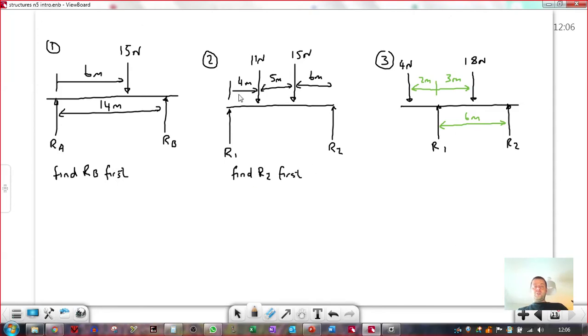Now, this one's slightly different because of the way I've laid the distances out, you'll need to be careful when you do that moments part that it's always a distance to the fulcrum. Don't just use 4, 5 and 6 because you'll need to add things up to get it right. And in this one, I'm going to say find R1 first, forcing you to recalculate all your distances. Now go ahead and do that, and we'll see how you get on.